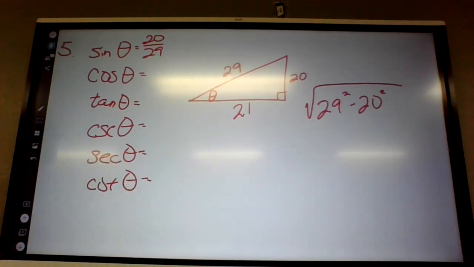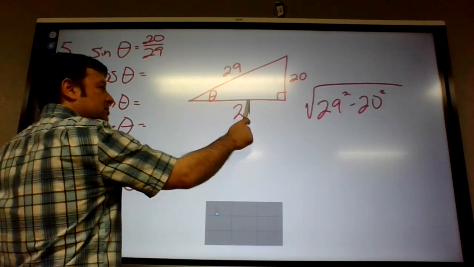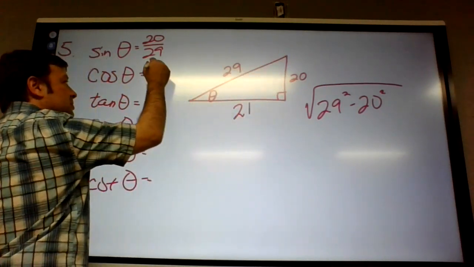All right. So what's cosine going to be? Adjacent over hypotenuse. Yes.